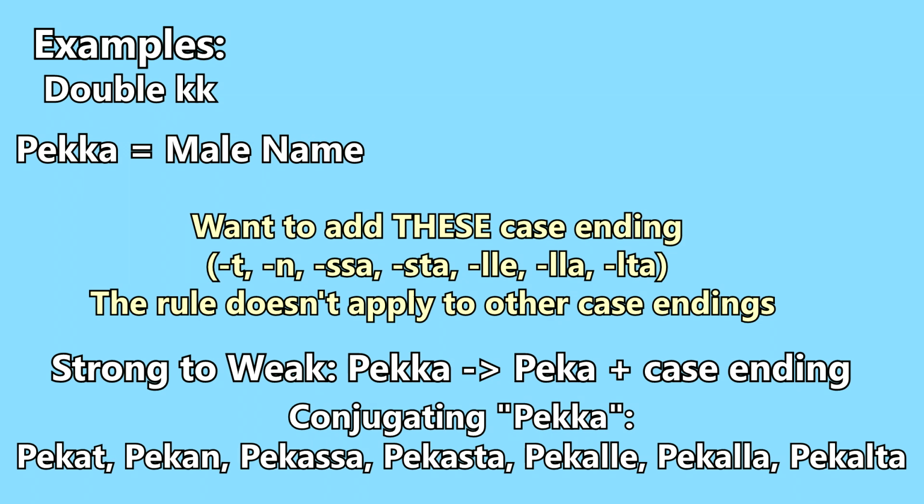All only use one K when we're conjugating. And yes, this happens to people's names as well. Even though his official name is Pekka with two Ks, in Finnish, when we're conjugating the name itself, you would also drop one of the Ks. Funny, but that's how it goes.